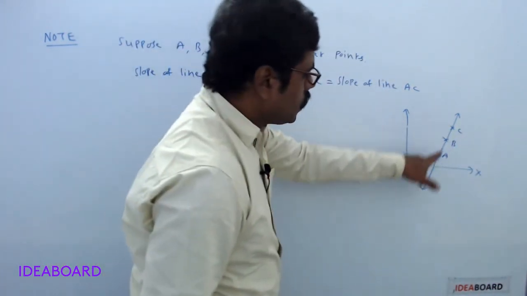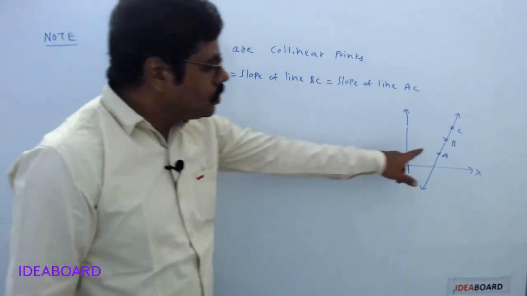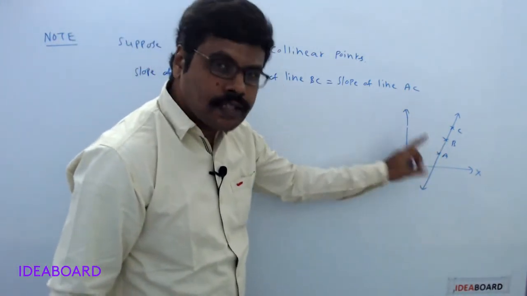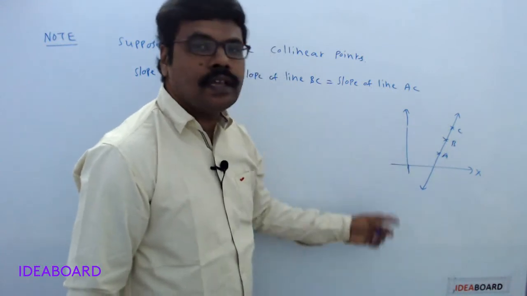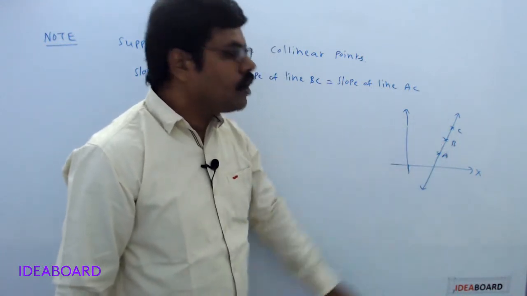So 3 points lie on the same line, so slope of line AB is same as slope of line BC, which is same as slope of AC.